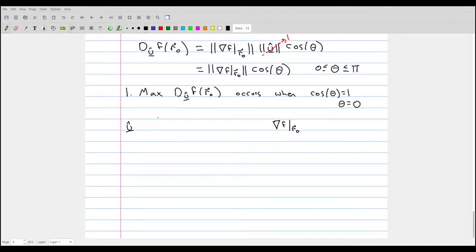So the directional derivative is maximum when u hat points in the same direction as the gradient vector at the point r0.